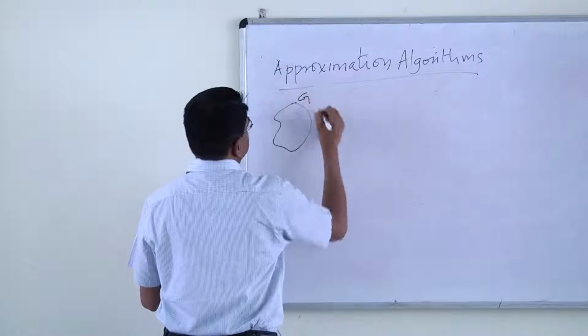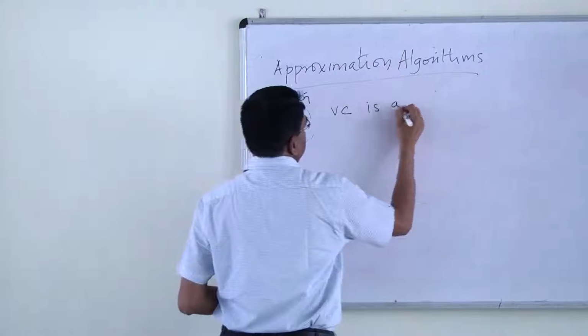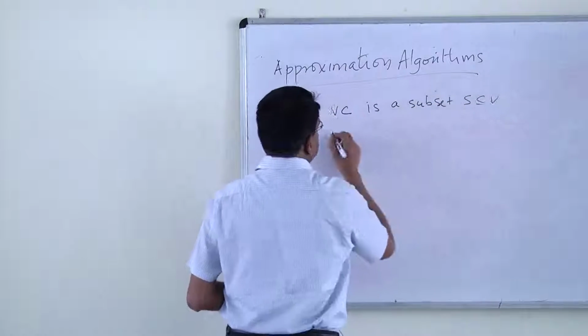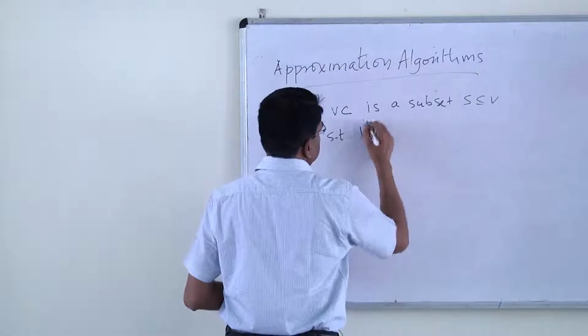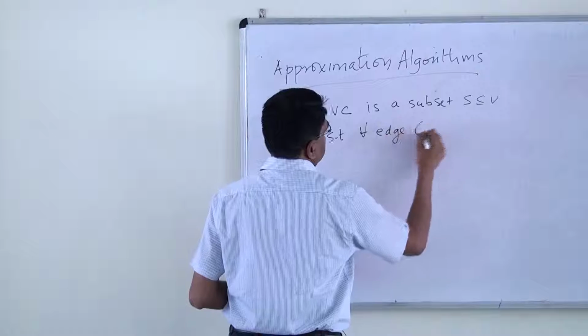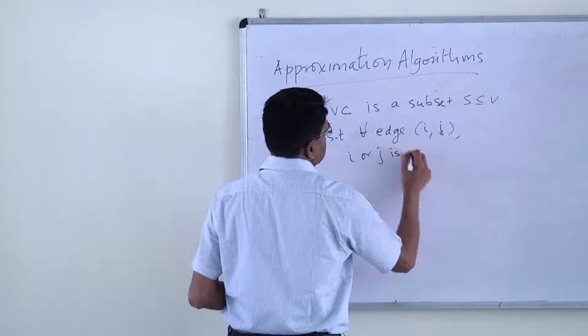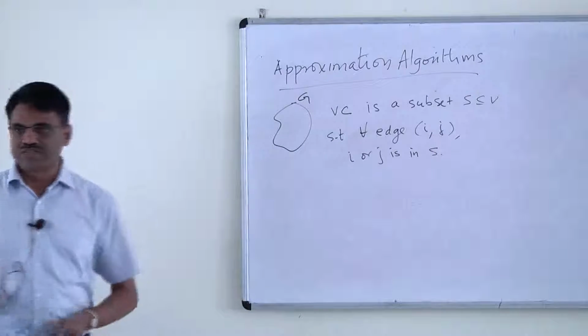So let's look at the vertex cover problem. You are given a graph, and a vertex cover is a subset such that for every edge (i, j), i or j is in it. And you want to find a minimum size subset.